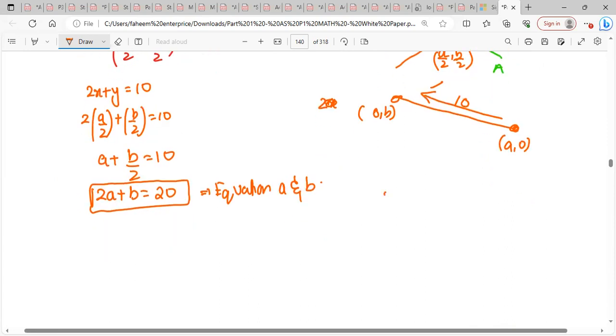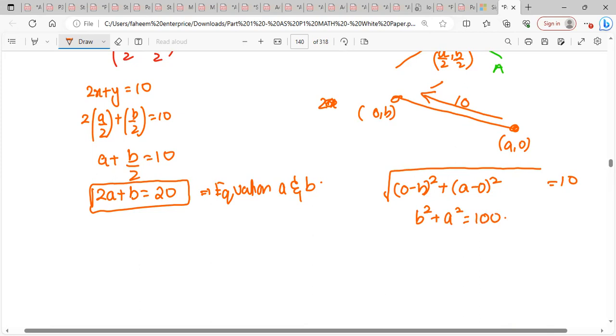And the distance is taken out through what? (0 - b) squared plus (a - 0) squared should be equal to 10, so b squared plus a squared is equal to 100. This is another equation.